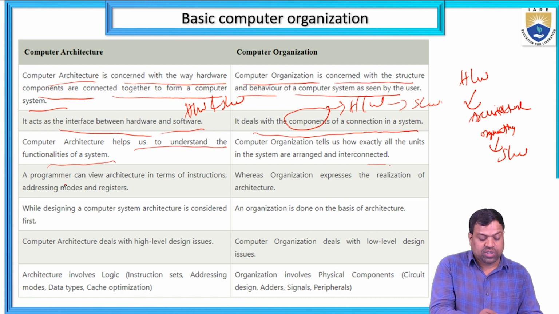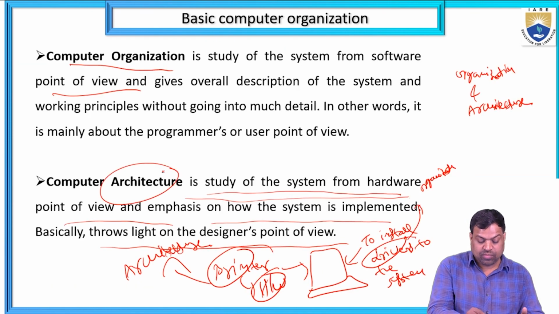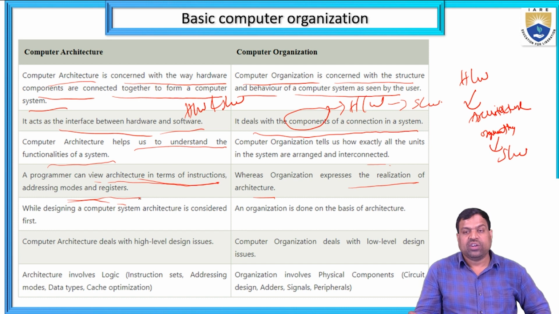A programmer can view architecture in terms of instructions, addressing modes and registers, whereas organization expresses a realization of an architecture.